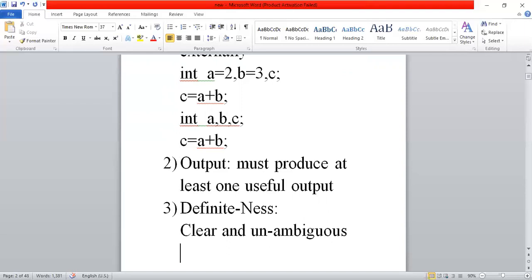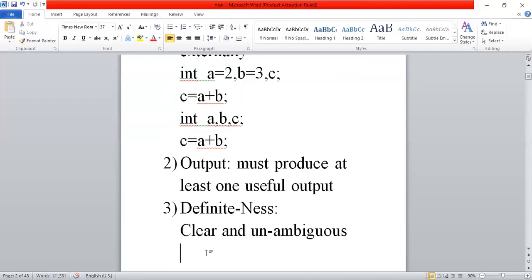If more than one meaning is there, the system falls into an ambiguous state, and it cannot relate the appropriate meaning to your problem. So whatever algorithmic statement you write must be very, very clear, and it should contain only one meaning.